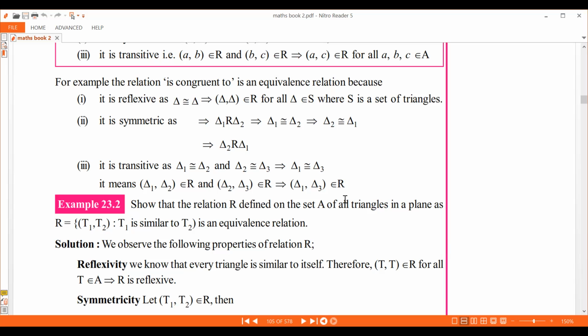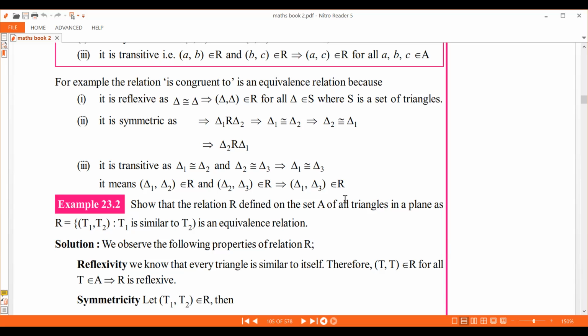It is reflexive because one triangle is congruent to the other triangle. Triangle 1 is congruent to triangle 2. Photograph 1 is the same as photograph 2, which means photograph 2 is the same as photograph 1. That means I got a doublet. The photographs are looking alike.